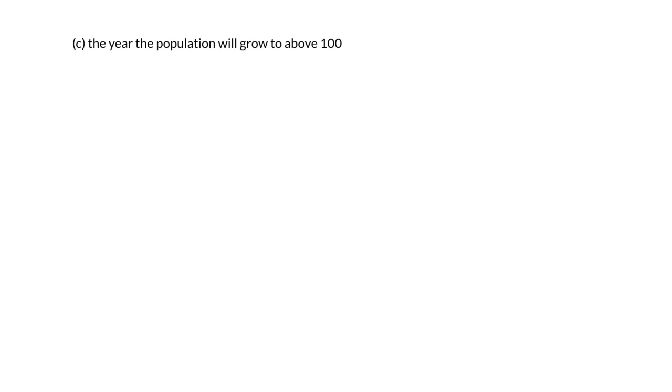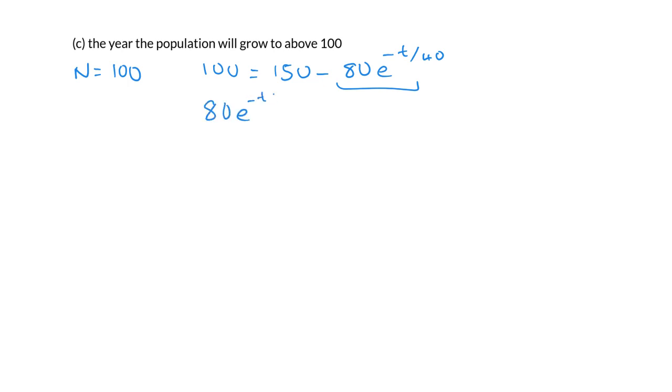And part C then, the year the population will grow to above 100. Let's say, well, when will it equal 100? So 100 equals 150 minus 80 times e to the power of minus t over 40. I'm going to bring this part across and we get 80 e to the minus t over 40 equals 50. Brought the 100 across, 150 take away 100 gives us 50.